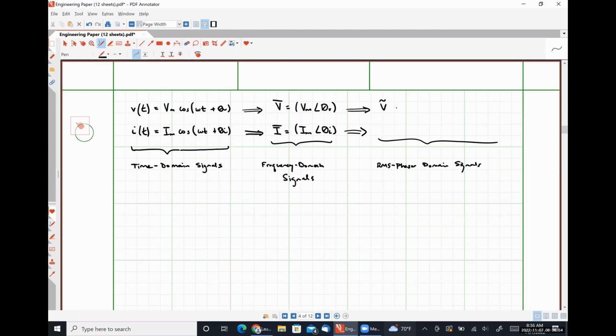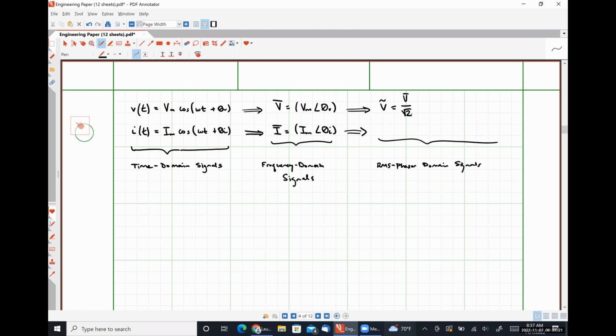It's going to have a slightly different notation than our regular frequency domain phasor. Instead of a bar over it, I am going to put a tilde over it to let us know that we're in the RMS domain. And by definition, our RMS domain phasor is simply our frequency domain phasor divided by the square root of 2.